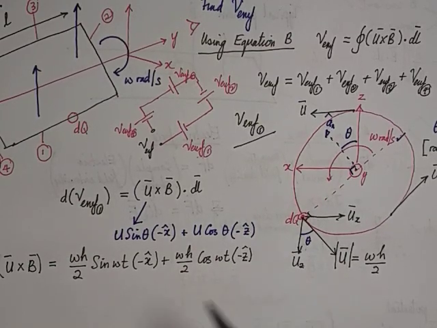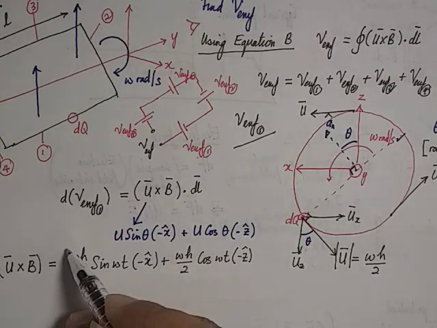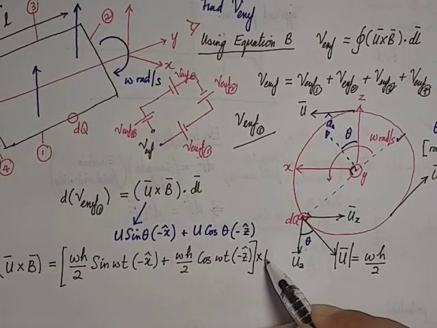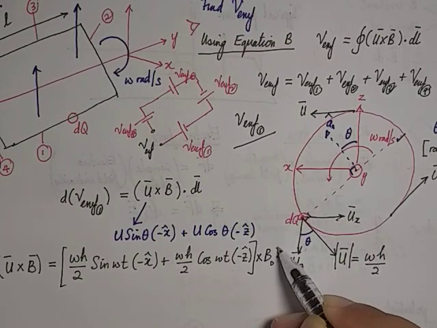That should be the u, and then I'm going to cross it with the b naught in the z direction, correct?